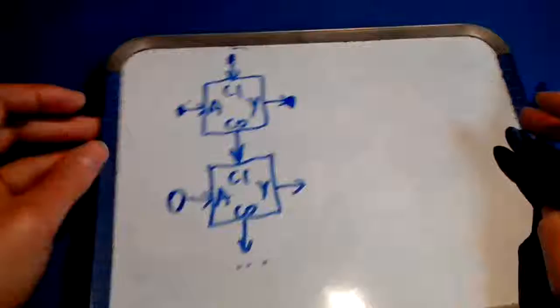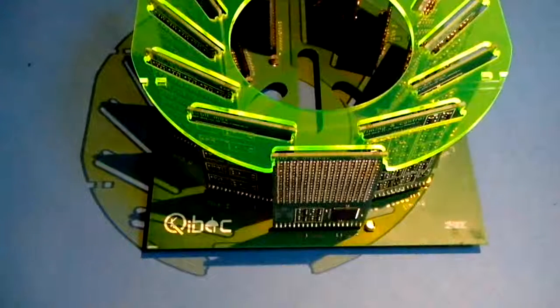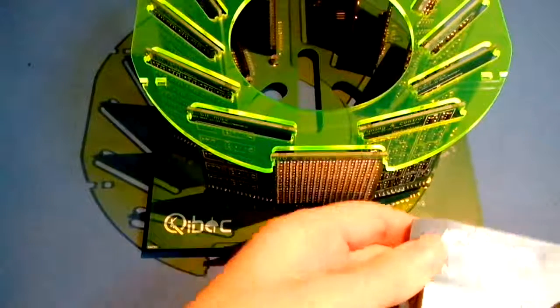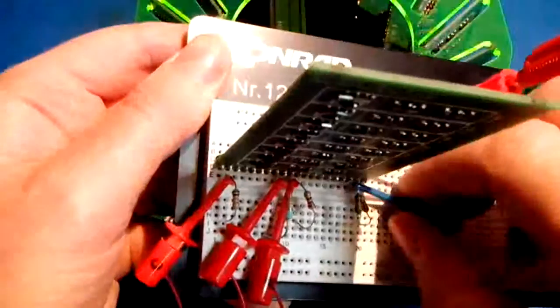So let's do that on the breadboard, and for that we will use the CPU as a table again. This is the breadboard in question. This is the module in question. Let's plug the module into the breadboard like that. I'm gonna put it aside now.